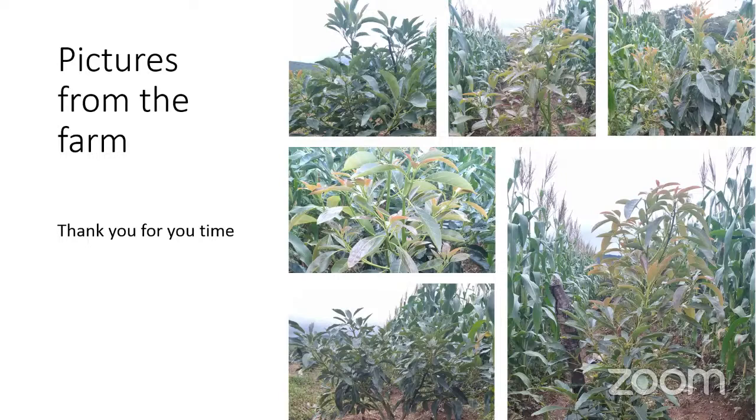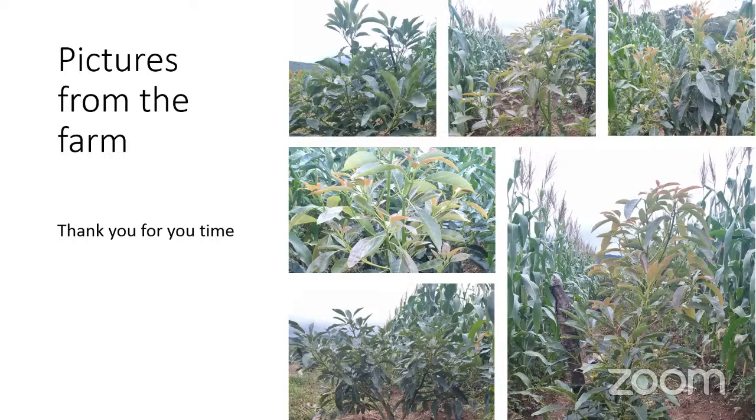You have to source your planting materials, scion, seeds, from reputable sources so that you don't introduce pests on your farm. To those who are buying seedlings from outside their farm, also ensure that you get your seedlings from certified nurseries.